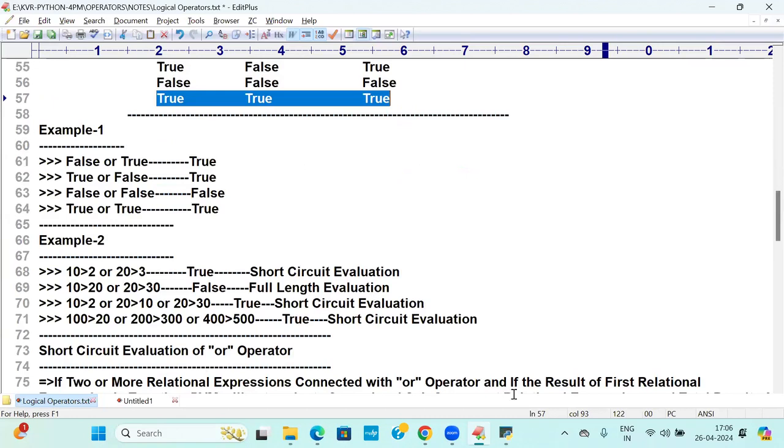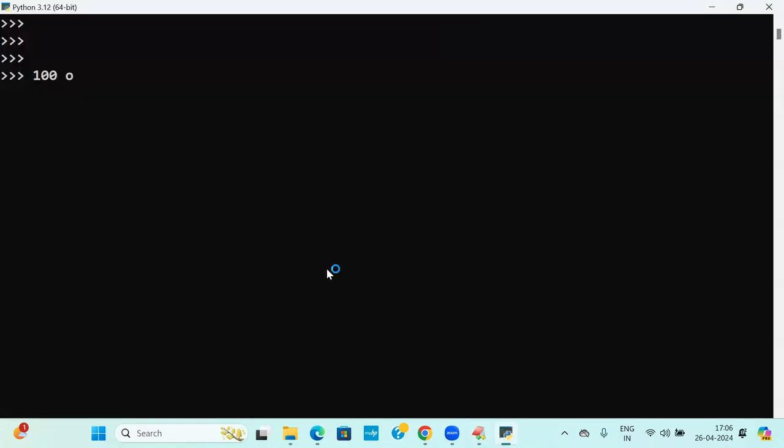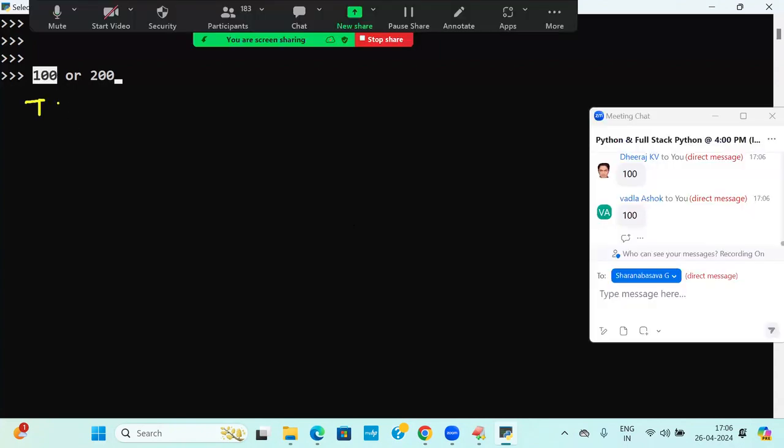Now I'll go to the subject here. Now I'll come to 100 or 200. Answer. Come on. Very good. Now who is this? Rushabh. Take your luggage and go home now. What is 100? True. Or what is 200? True.